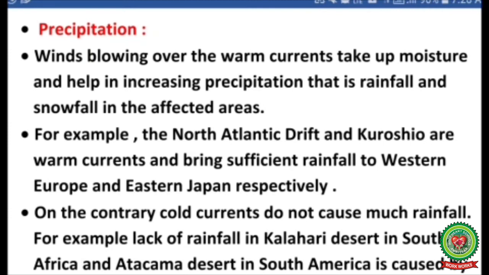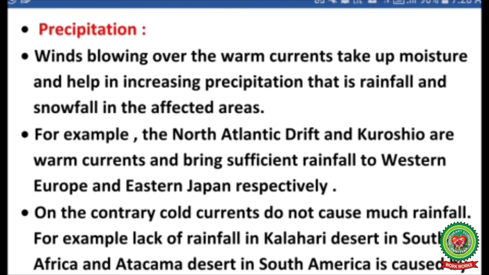Winds blowing over the warm currents take up moisture and help in increasing precipitation, that is rainfall and snowfall, in the coastal areas. For example, the North Atlantic Drift and Kuroshio currents are warm currents and they bring sufficient rainfall in Western Europe and Eastern Japan respectively.